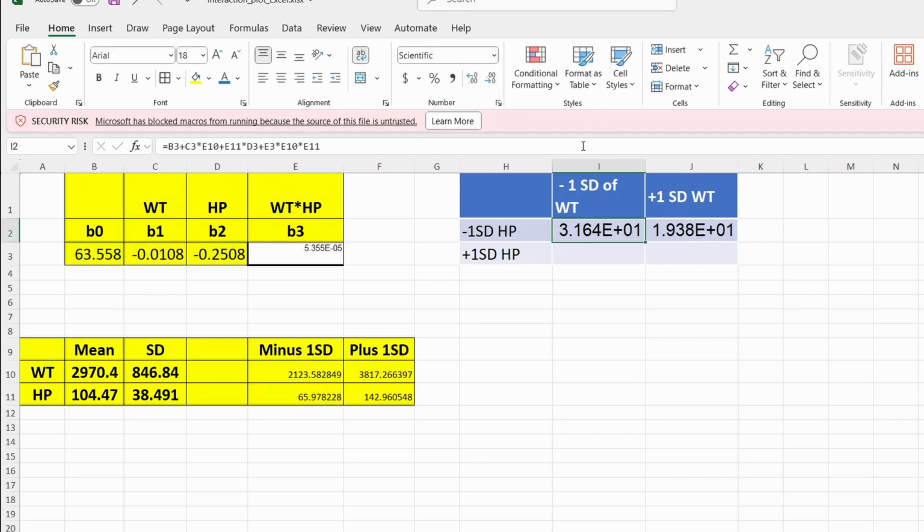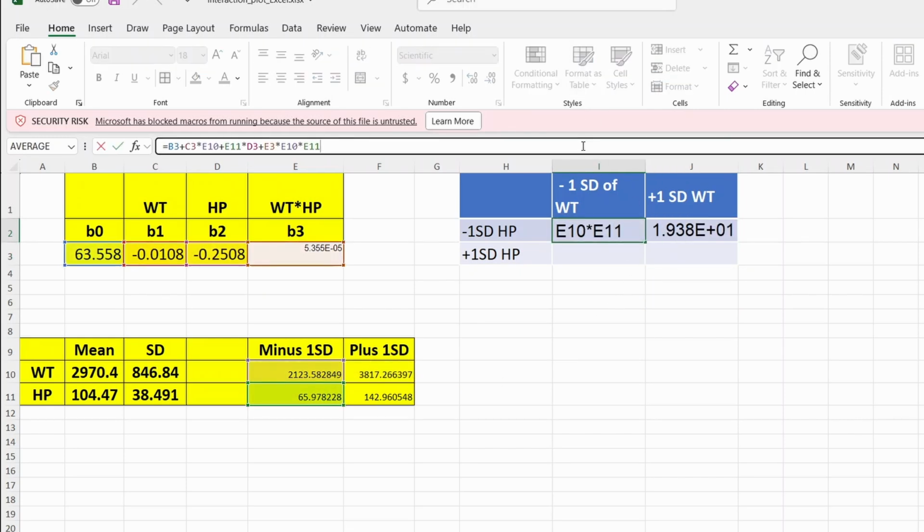Let me double check the first one. So C3 is the weight. That means that is the E10. E11 is the E11, D3, CDE. I think it's correct.